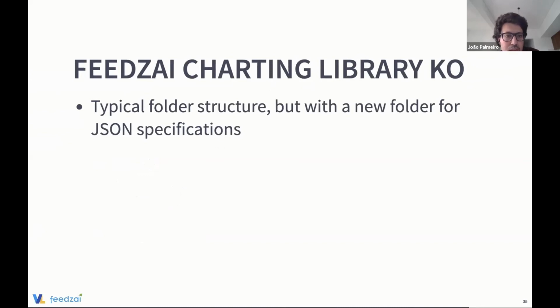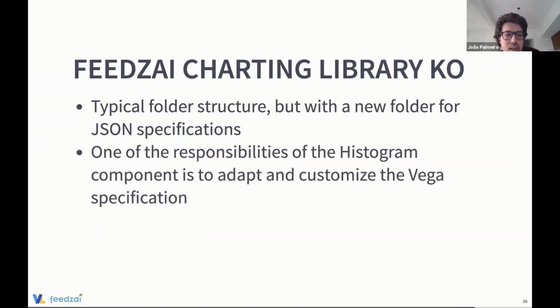So we end up with a typical folder structure for a React component, but with a new folder for the JSON specifications. We separated the concerns between the component and the data it receives, and the basic Vega specification that is in a JSON.